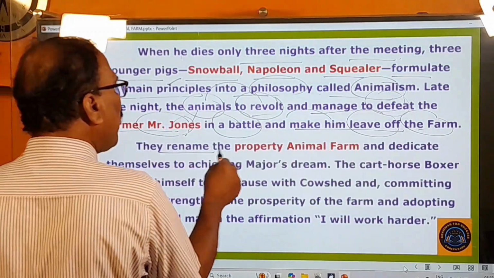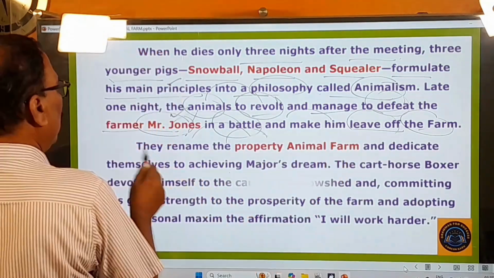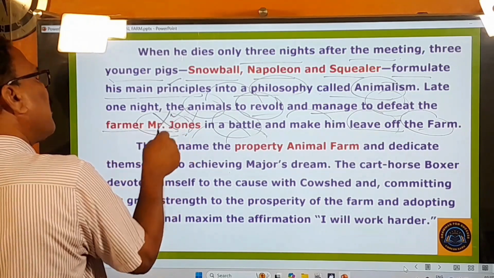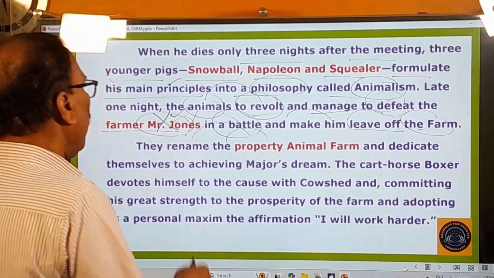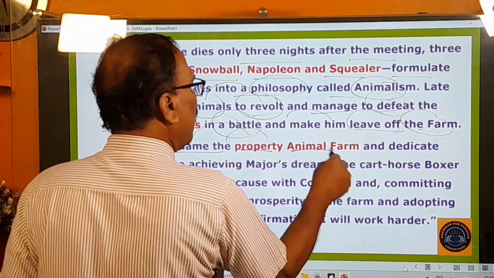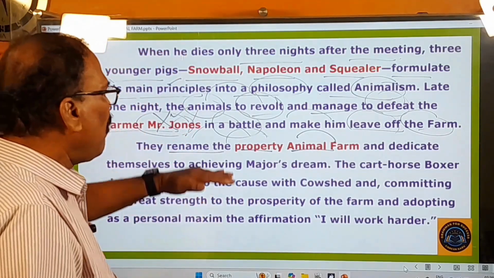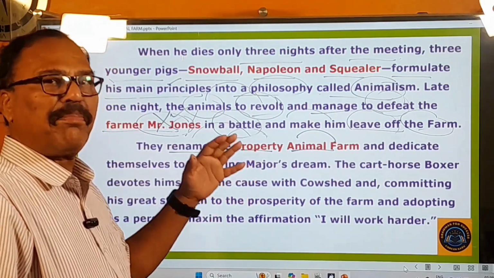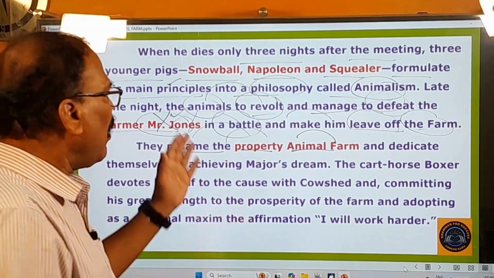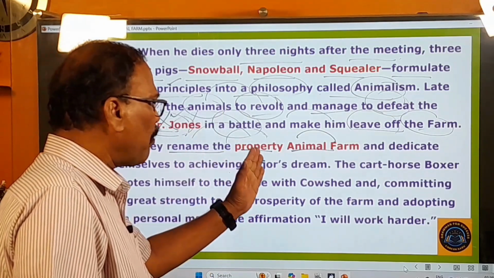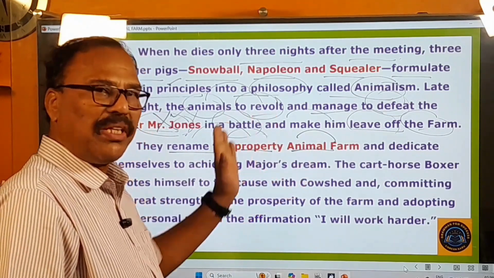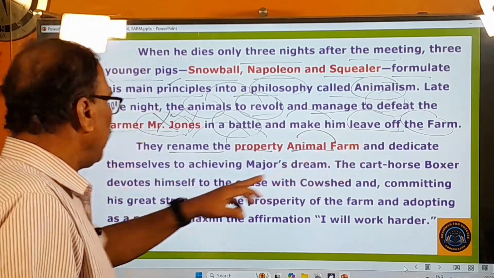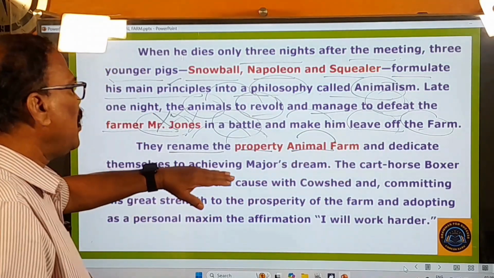They renamed the property Animal Farm. After Jones was driven out from the farm, they renamed the property Animal Farm. Earlier the name of the property was Manor Farm. Now they started calling it Animal Farm. In that way they have given this property a new name, and dedicate themselves to achieving Major's dream.